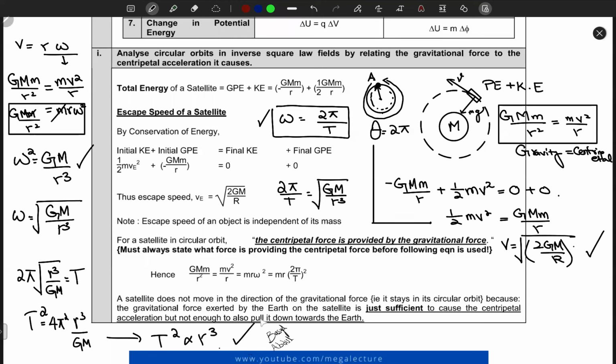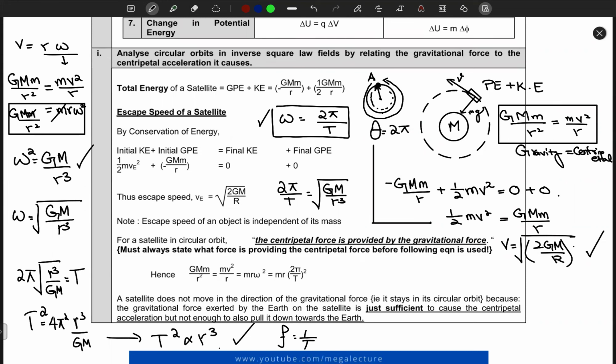So is that clear? How we can write down the time period? Yes. Okay, and the understanding of time period is clear as well? What the time period physically means? It's just the time that the satellite takes to complete its revolution or an orbit around the Earth. If you have the time period, you can also work out the frequency. Frequency of this motion would be 1 over the time period, and then you can do the math yourself by putting in the value of the time period.